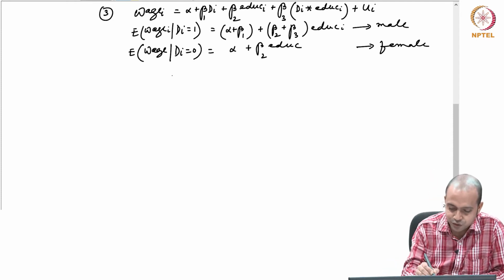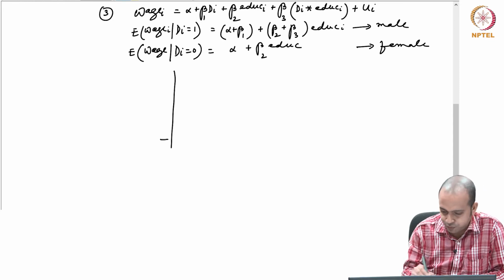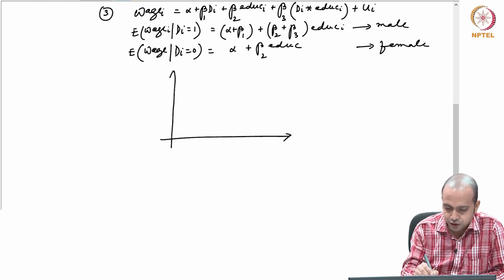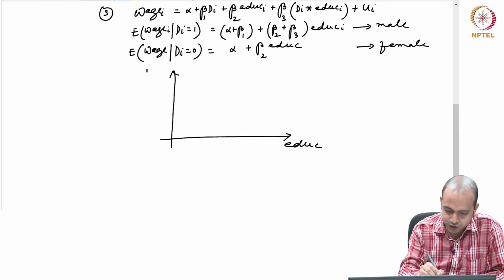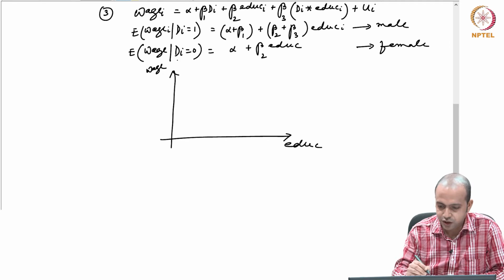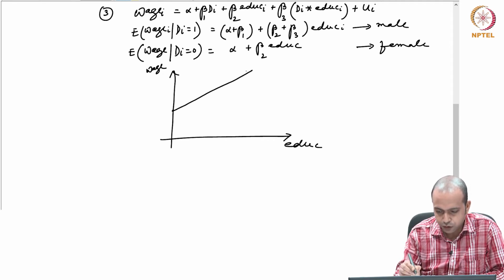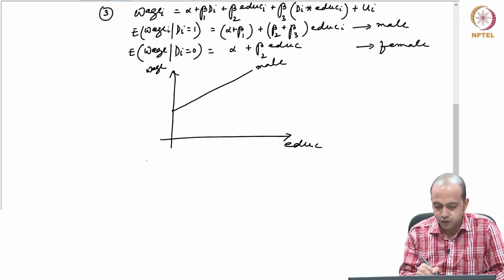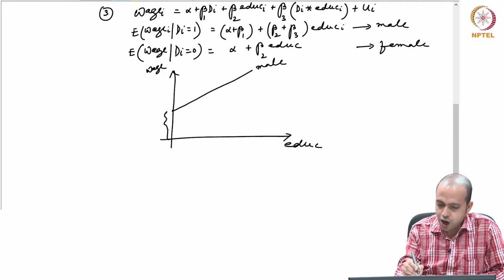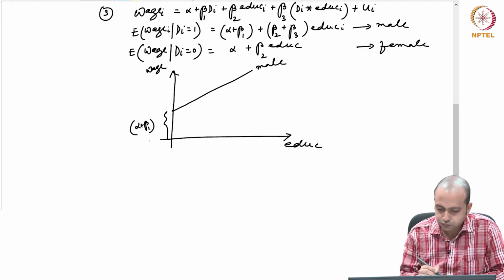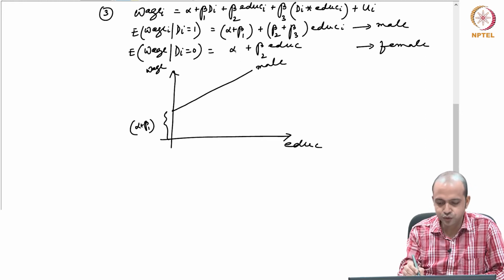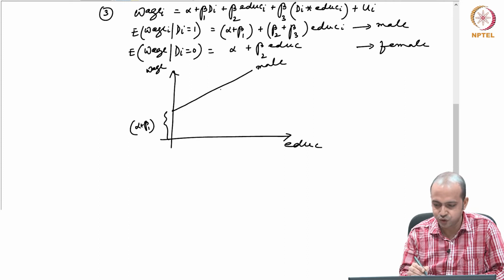So, in terms of a diagram, if you represent this is education and this is wage, let us say this is the male category's wage function where the intercept is alpha plus beta 1, and the female workers' wage has intercept alpha and slope beta 2.